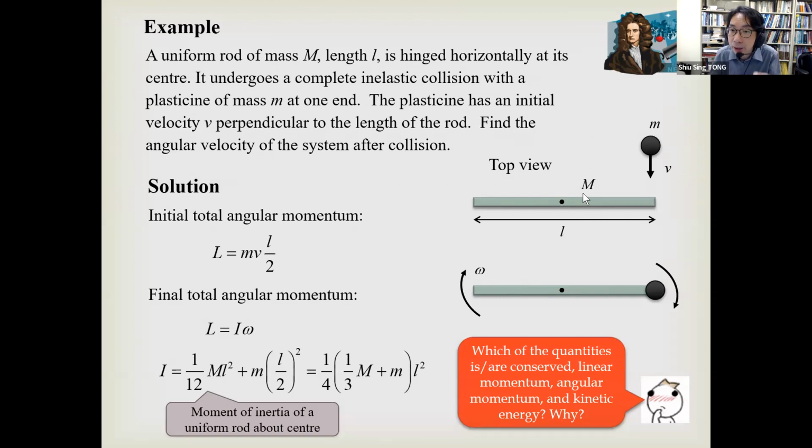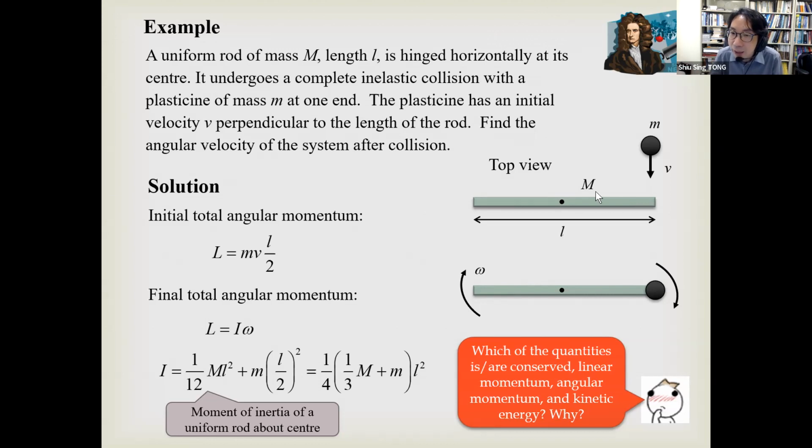The center O is the point about which we take the moment. It's about this position that we calculate the torque. So the torque of that external force about the center is 0. That's why the external force does not produce any torque, and that's why angular momentum is conserved.